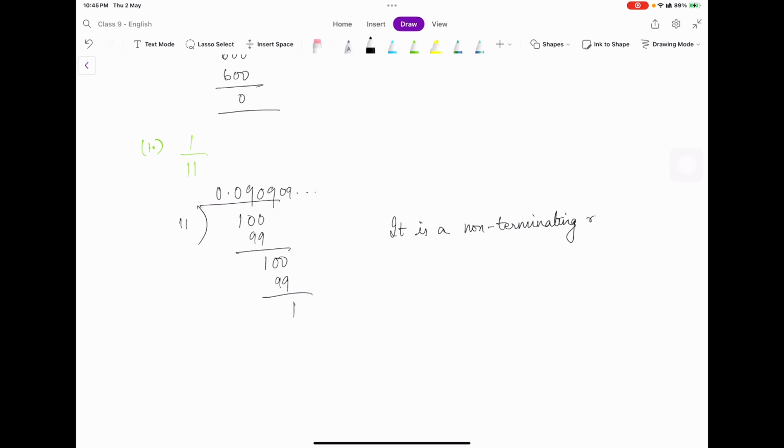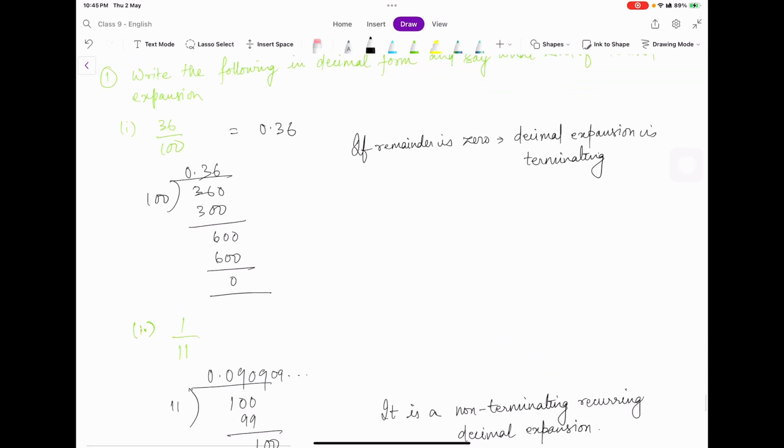By seeing the number also you can write what type of decimal expansion you are going to get. See here it was terminating because 100 is in the form I have already said, 2 to the m into 5 to the n, where m and n are integers.